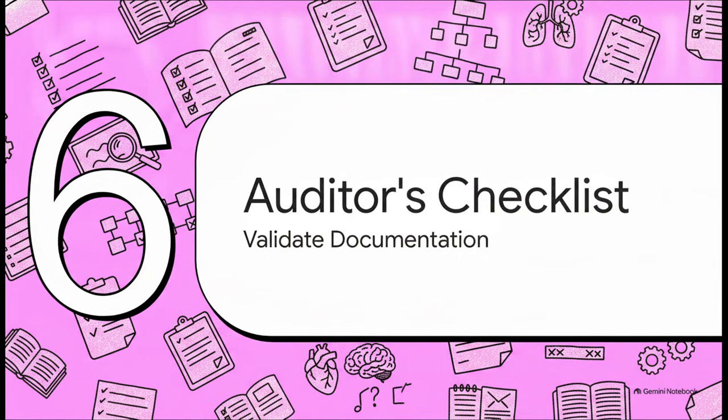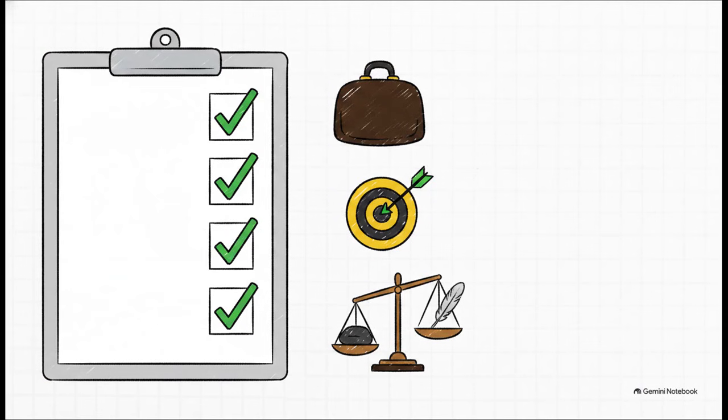All right, final section. Section 6. The Auditor's Checklist. Validating the documentation. Here's what you need to take back to your desk today. This is a practical 3-point summary checklist to really lock in these rules for your daily auditing work. Number 1. Always identify all conditions that were actually managed or addressed during the visit by the reporting provider.